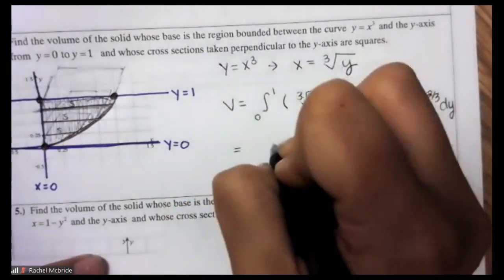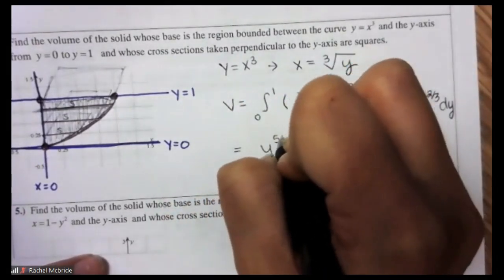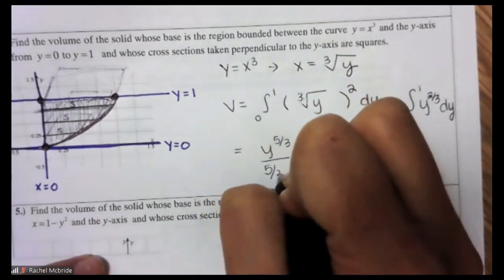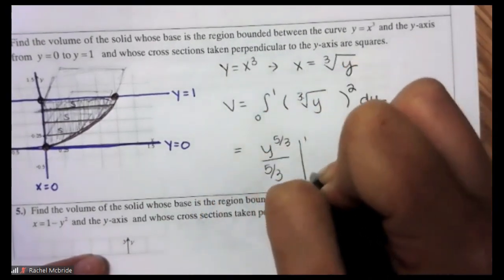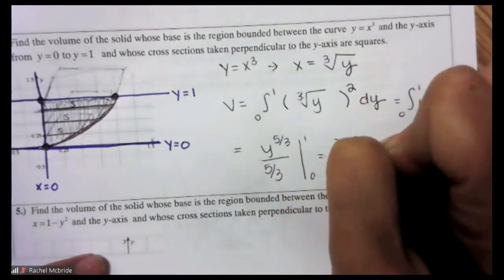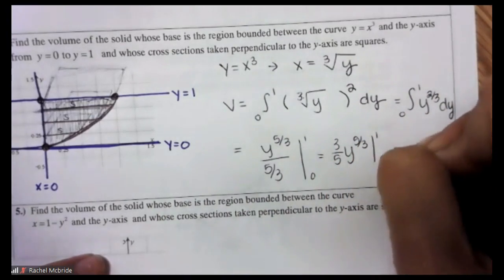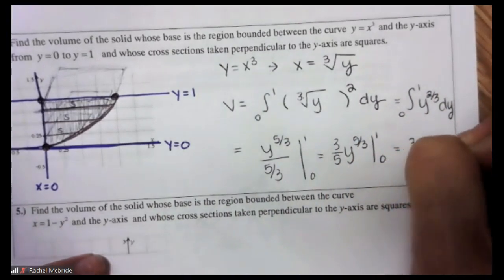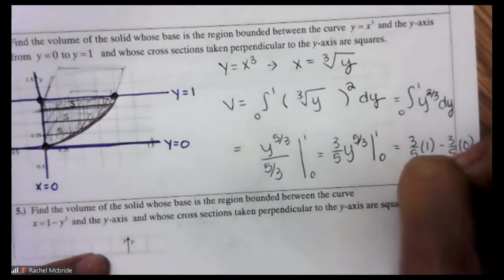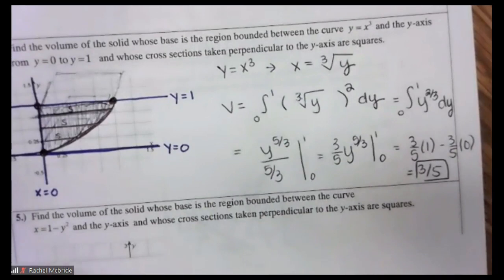Adding 3 over 3 to that gives me y to the 5/3. Writing that over 5/3 is the same as writing 3/5 y to the 5/3. So you get 3/5 times 1 minus 3/5 times 0. So the volume is 3/5.